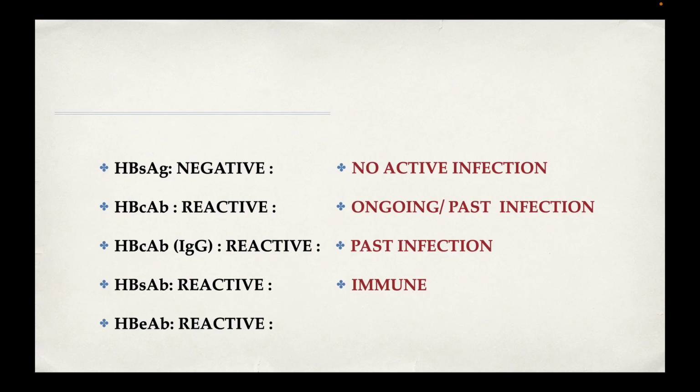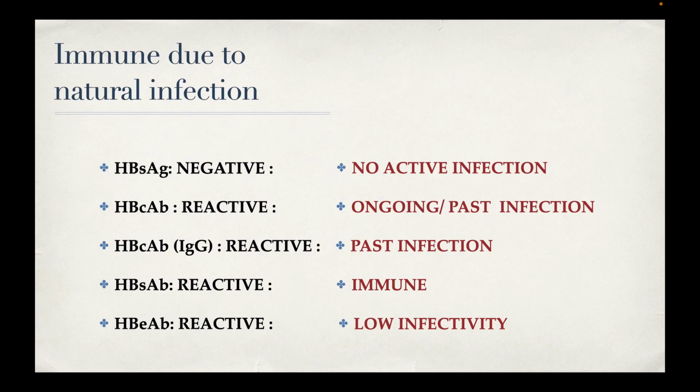And the patient is also having hepatitis B E antibody reactive. What it tells us is that the E antibody came to fight against the hepatitis B E antigen. And so this patient had a past infection and has now recovered and developed immunity. And so this patient is having very low infectivity. And so this patient, we say, is having what?